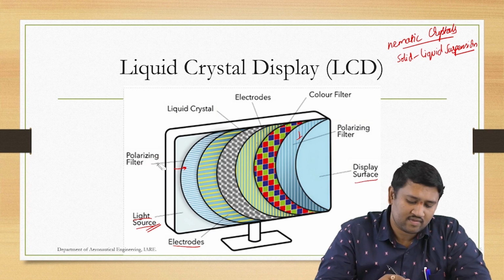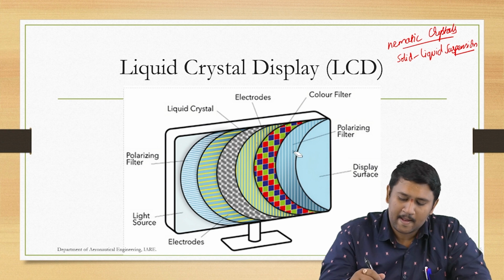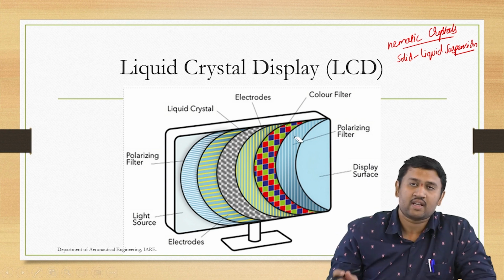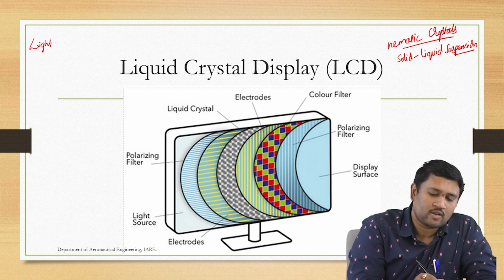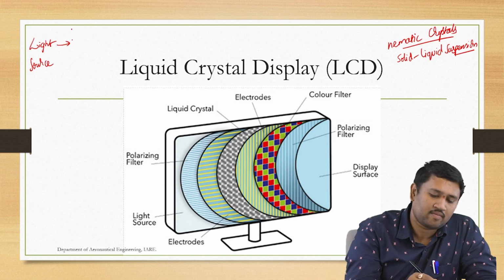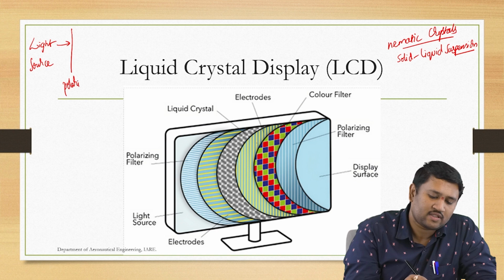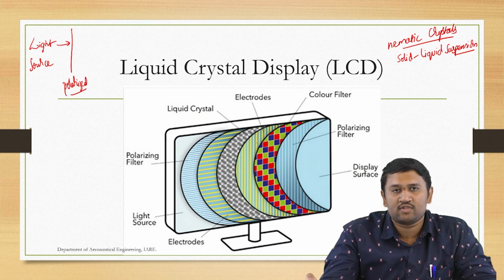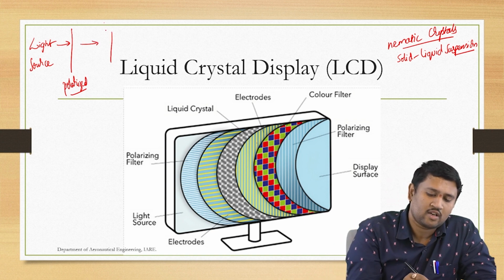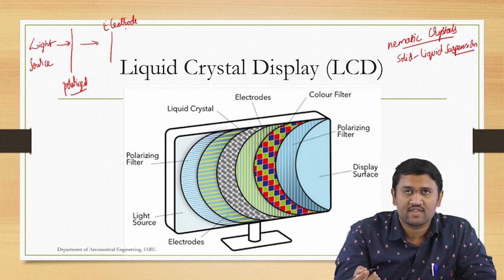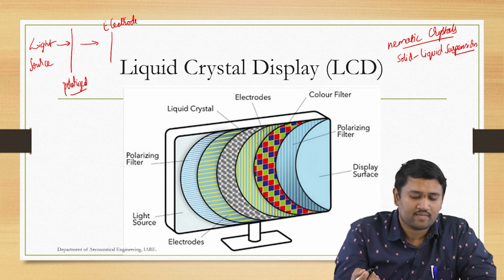Now in this case, we'll see one thing. In your liquid crystal display, first a light source is emitted, which is polarized first, meaning to remove one of the directional waves of your electromagnetic wave, then sent to your electrode, based on the potential field required for your picture.